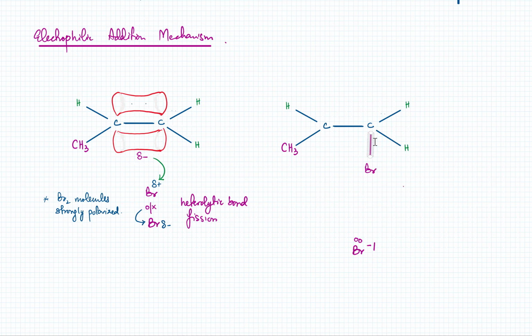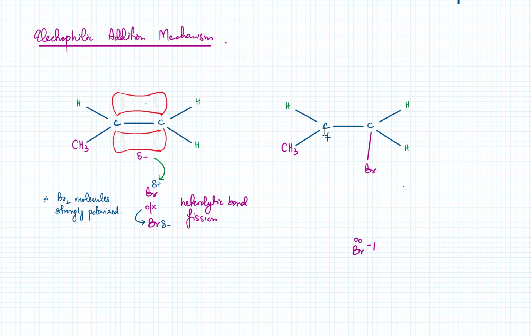I'm going to write the simplified version as well. But that results in the production of a carbocation, right? And why does it produce a carbocation? Because the two double bond electrons that were being shared over here are taken up by this bromine.